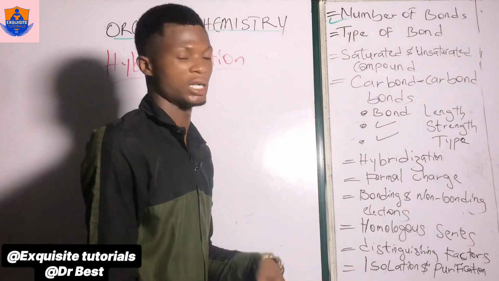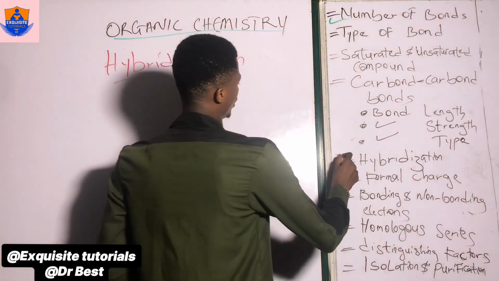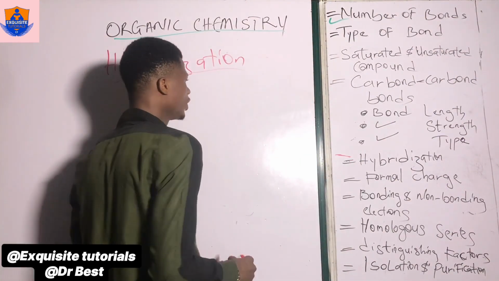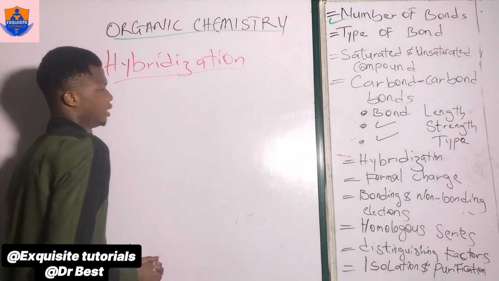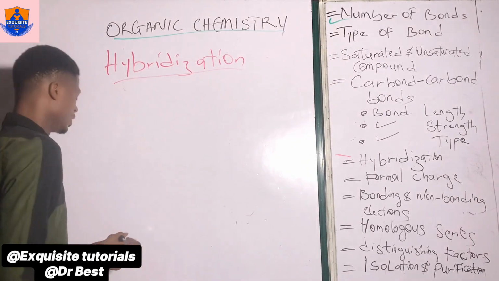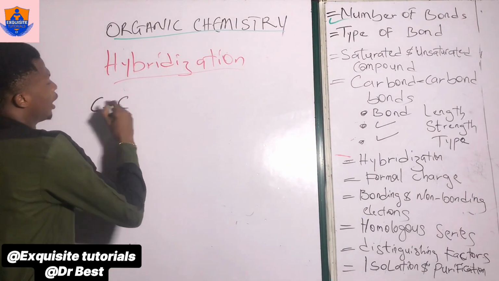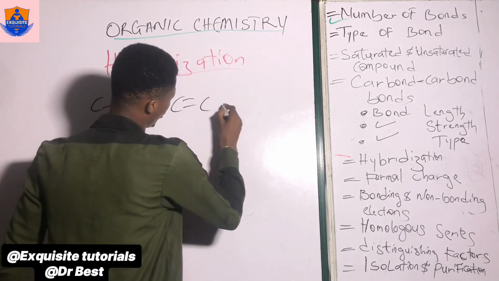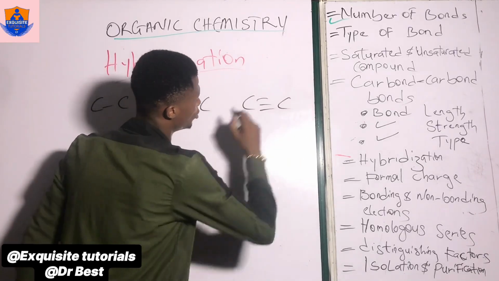Welcome back from that short break. Now let's look at the next topic, hybridization. Now when we talk about hybridization, what do we mean? Remember, we're still talking about our alkane, double bond, and triple bond.